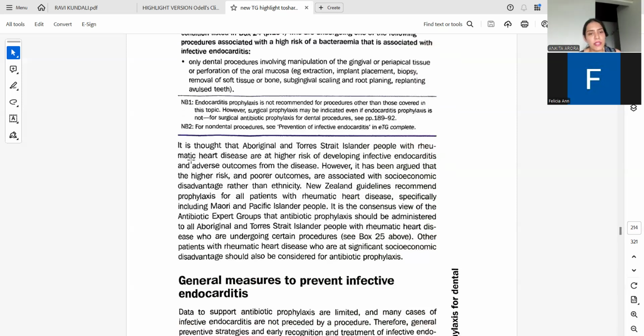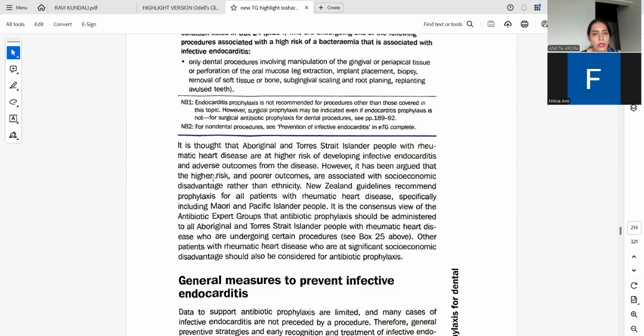Then, it is thought that Aboriginal and Torres Strait Islander people with rheumatic heart disease are at high risk of developing infective endocarditis and adverse outcomes from the disease. This category of information is very important because a question stem can say that an Aboriginal Mr. X came to you for so-and-so treatment, so you have to pay attention that they have a higher risk of developing infective endocarditis.